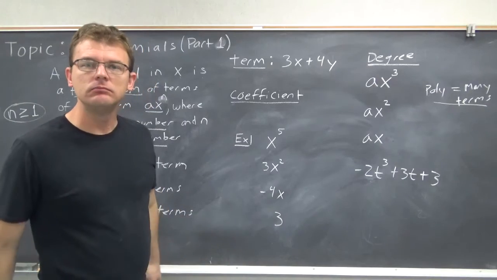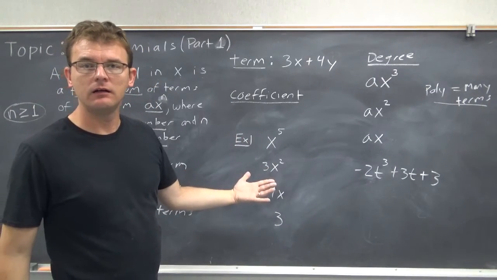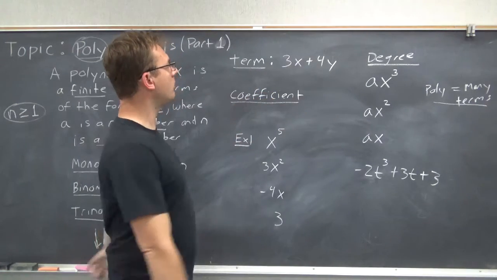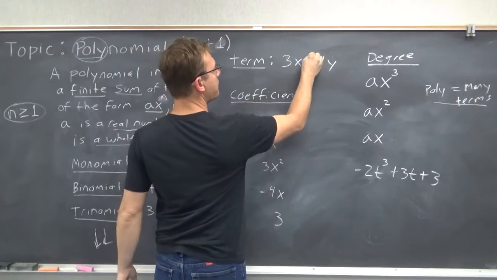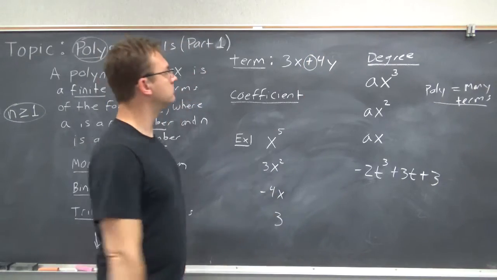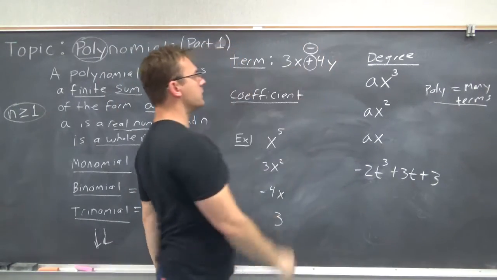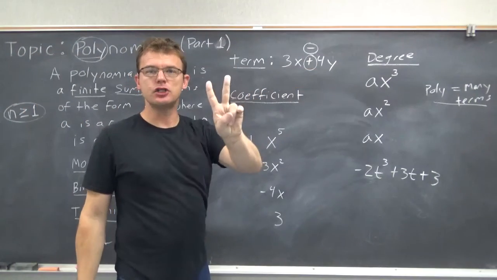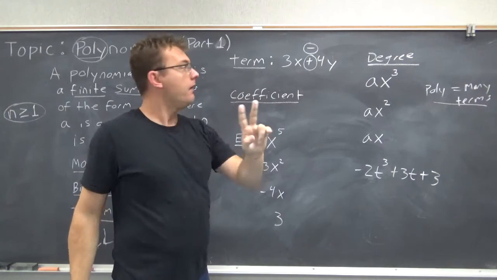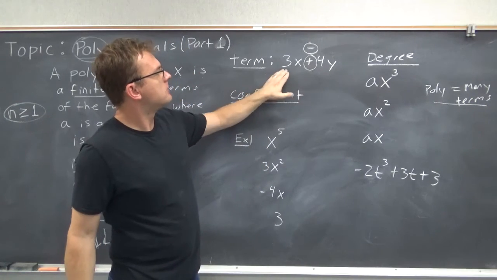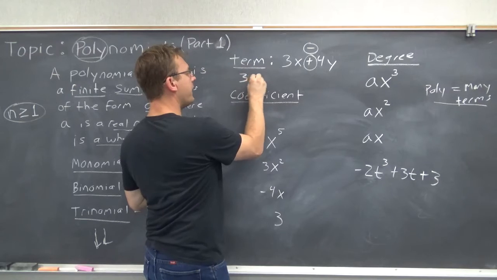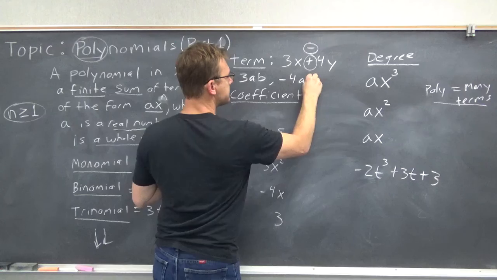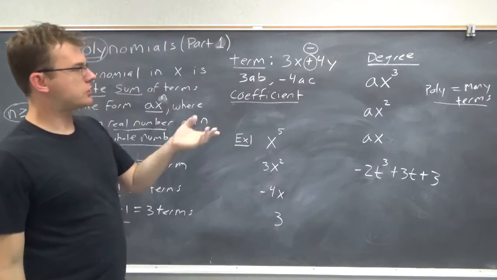It is divided by an operation, addition or subtraction. So right now, this example up here has two terms. A term is just something like 3ab or negative 4ac. Those are just terms.